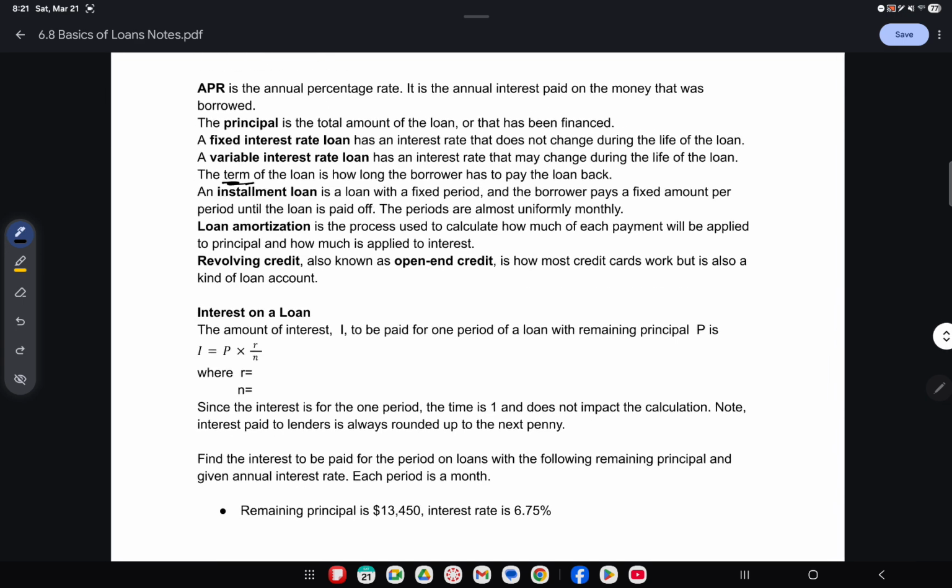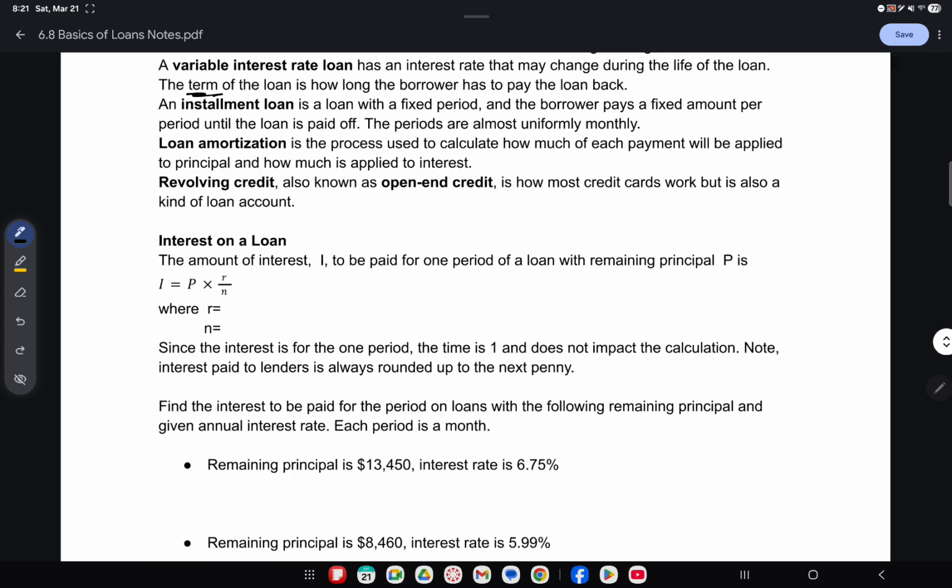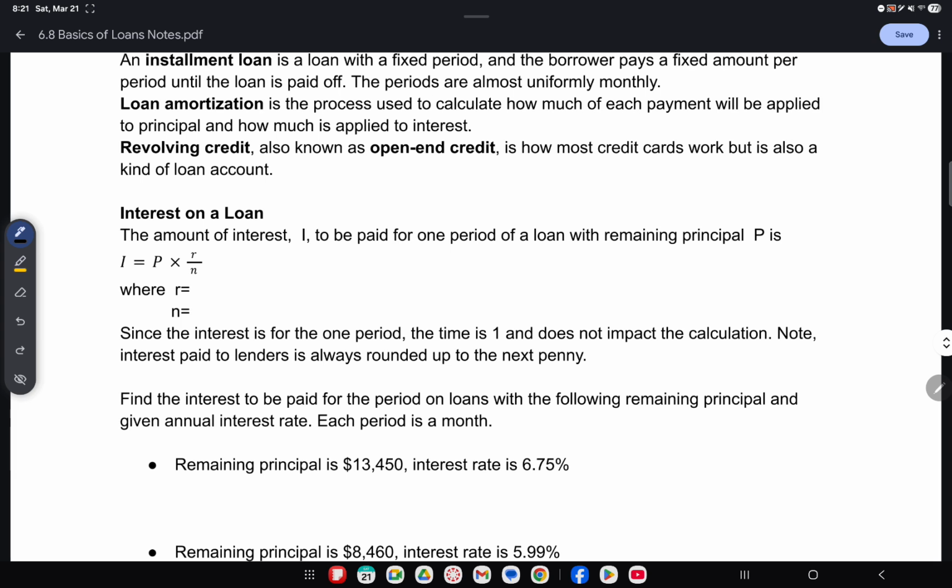So we have our normal interest formula. Interest equals principal times R over N. We're dividing by N because the APR is the annual percentage rate. It's not a rate that's going to happen every single time, it's just every year. For interest for one period, the time is 1, and it doesn't impact the calculation.